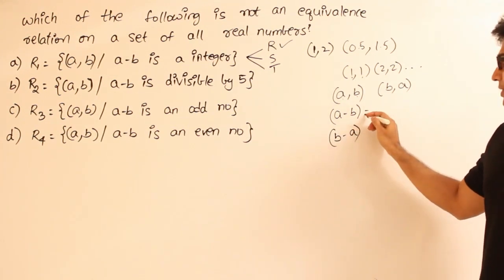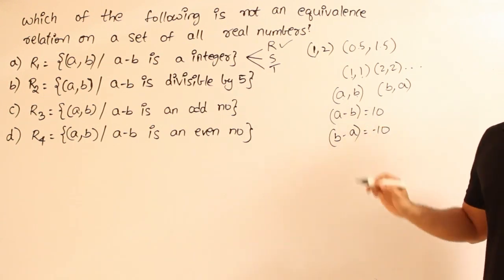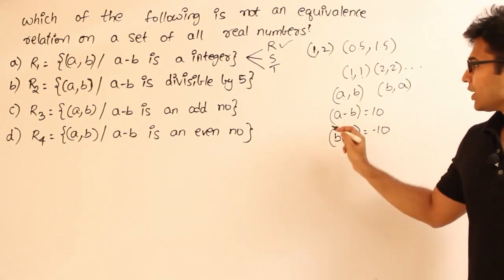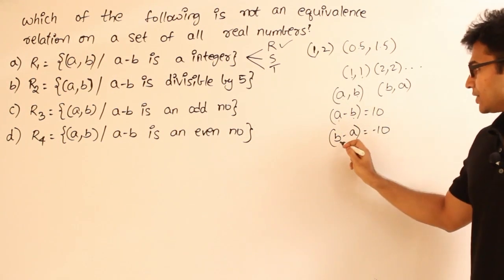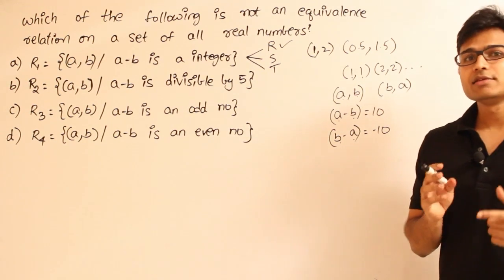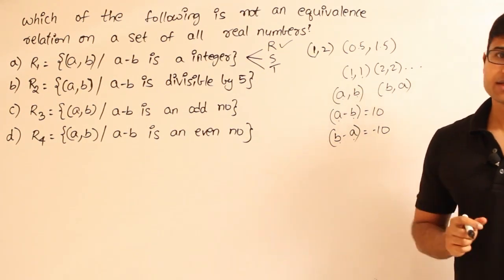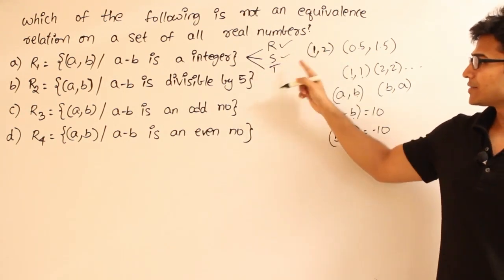For example, if a minus b happens to be 10, then b minus a happens to be minus 10, which is also an integer. Therefore, if you have (a, b) in the relation, definitely (b, a) will also be present there. So we can say that all the symmetric pairs will definitely be present in this relation, and so it is symmetric. What about transitivity?